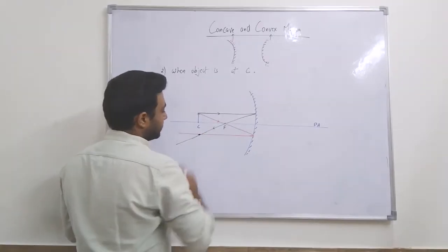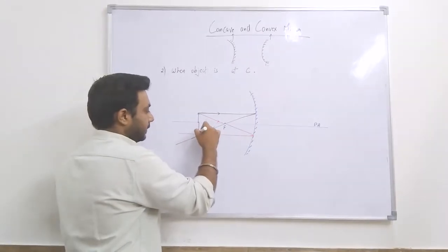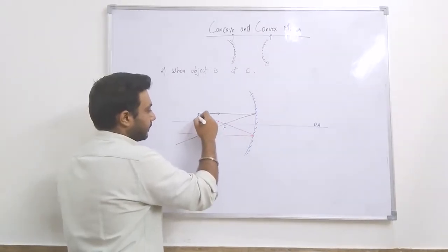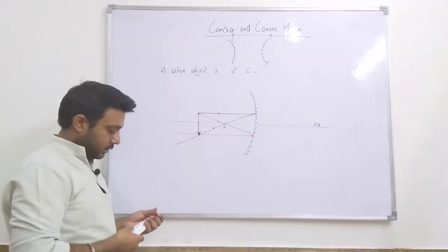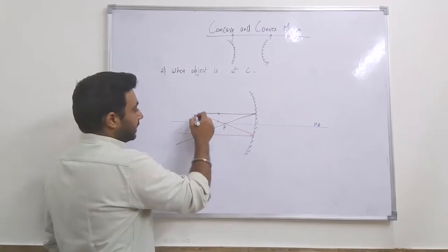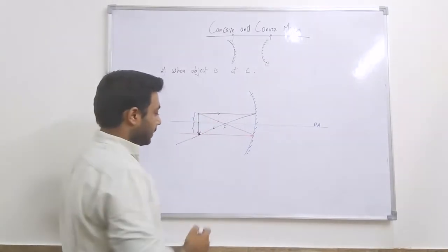You can see this is the intersection point, and this is the image. Note that the size of the object here will be equal to the size of the image.